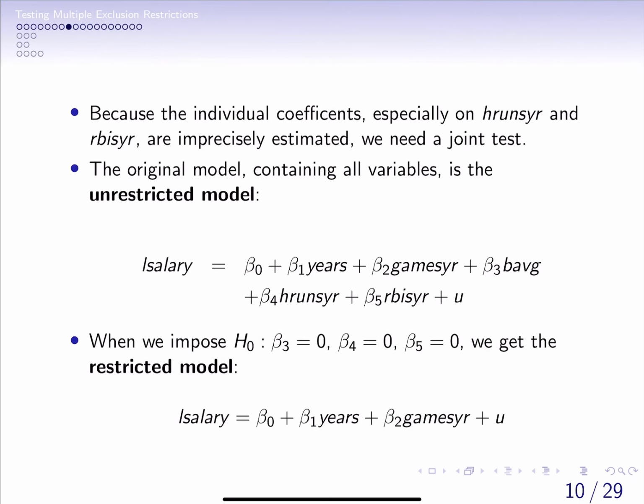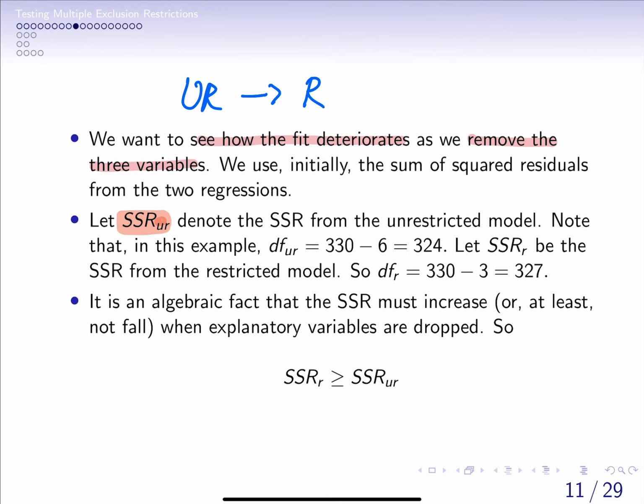Okay, so let's talk about some notation here. Let's say that the sum of squared residuals from our unrestricted model is denoted by SSR_UR. In this particular example, the degrees of freedom can be calculated for the unrestricted model. Let's say we had 330 players and we are estimating 6 coefficients, so 5 variables plus 1 intercept. So we have 324 degrees of freedom.